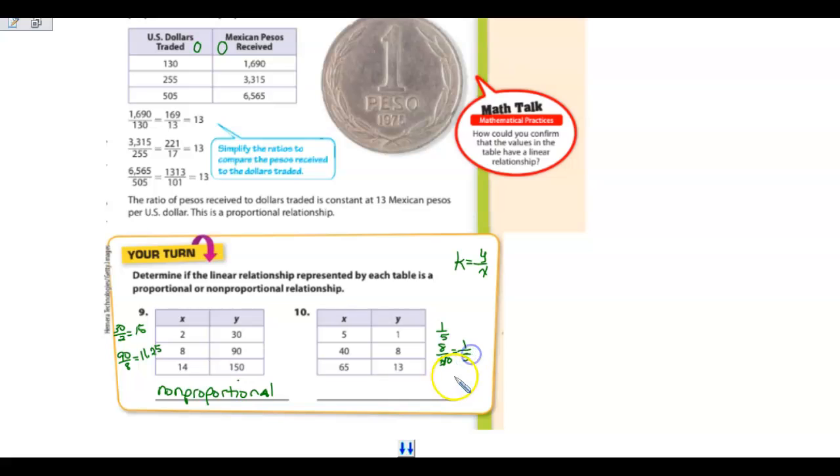I get 1/5. And if I take 13 to 65, and I divide both by 13, I get 1/5. I do have a constant this time. And I would say this is proportional.